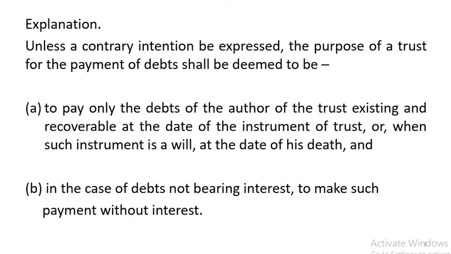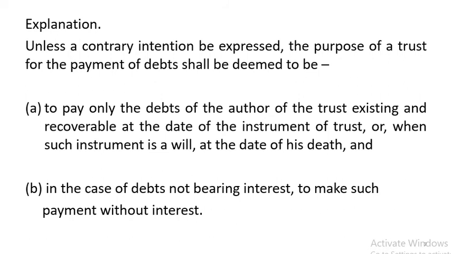Because the directions are given by the author of the trust, and always we must see the intention of the author of the trust to identify the purpose. Even we have seen that we must identify the intention of the author of the trust to create the trust actually. When we studied the express trust, we saw that the intention of the author of the trust should be clear.